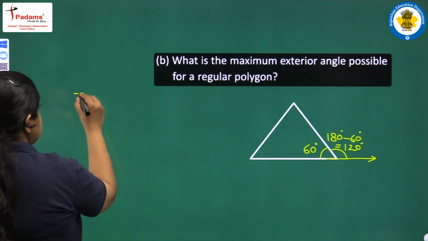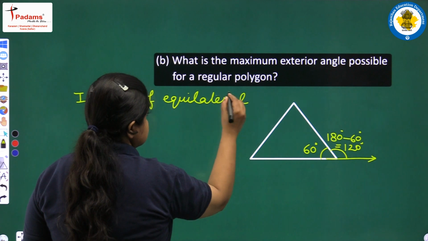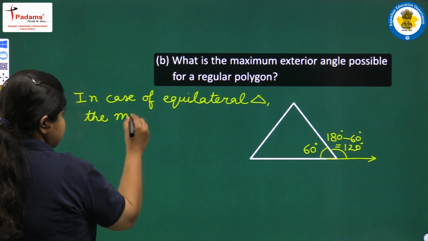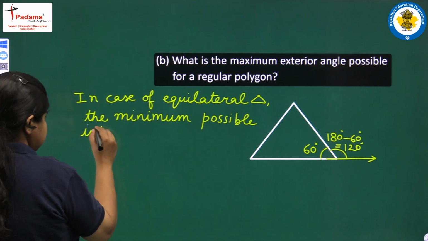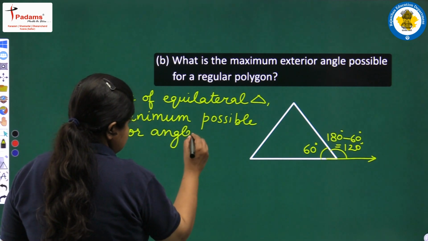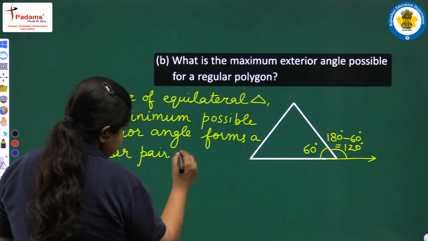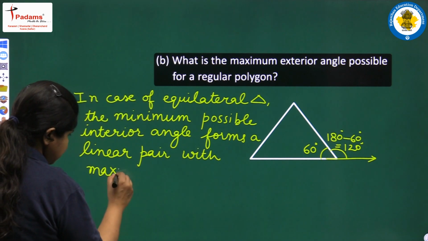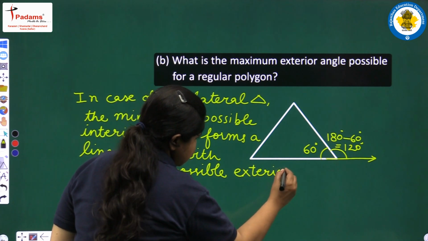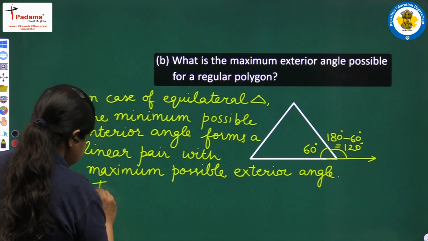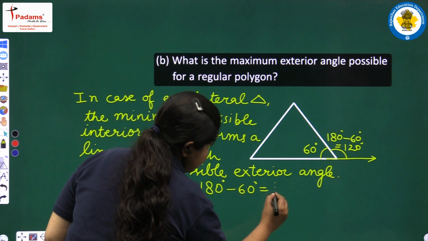So, we can say that in case of equilateral triangle, the minimum possible interior angle forms a linear pair with the maximum possible exterior angle, and it will be equal to 180 minus 60 equal to 120 degrees.